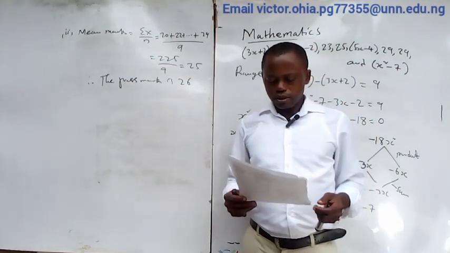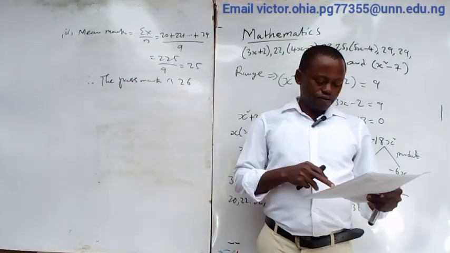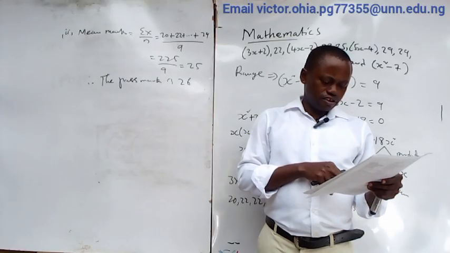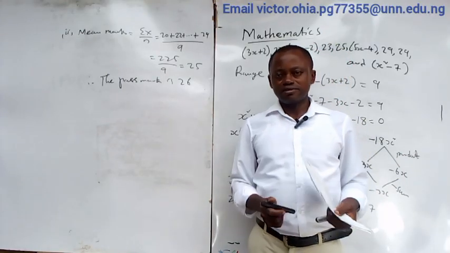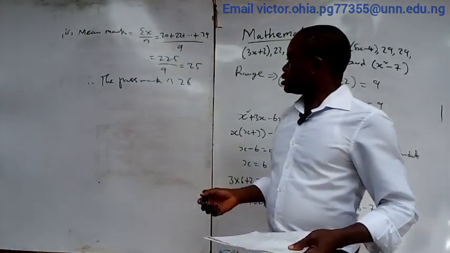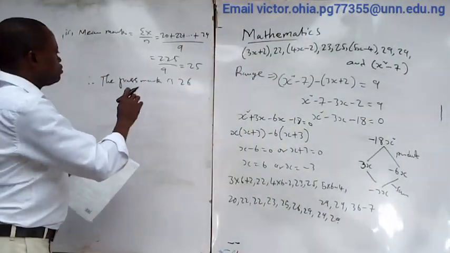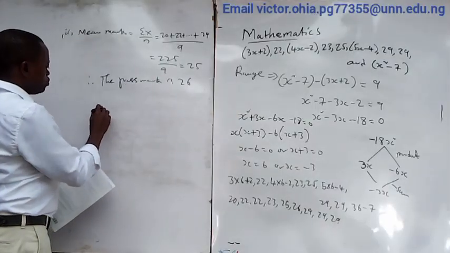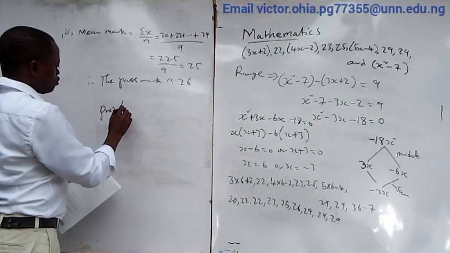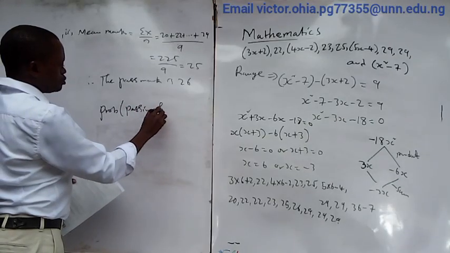Okay. Can I add a bonus? If they added here maybe C and say, an applicant selected at random, obtain the probability that the applicant passed.